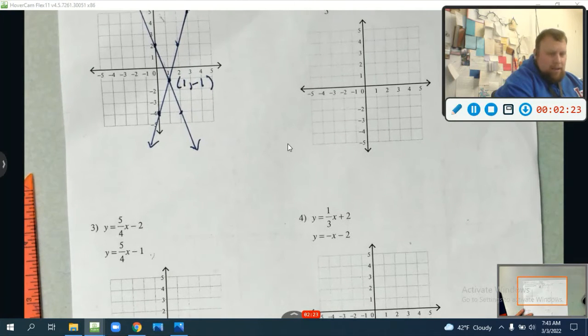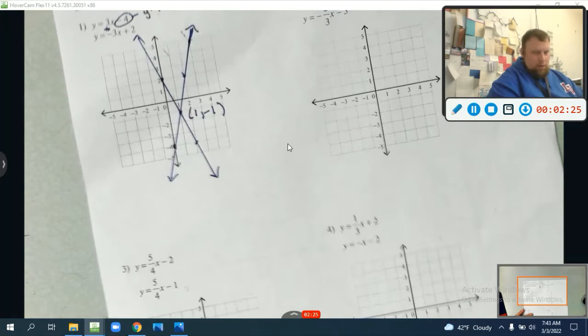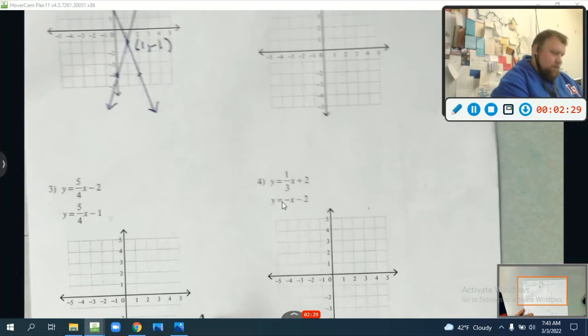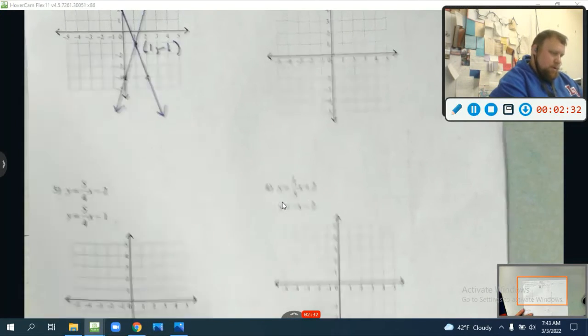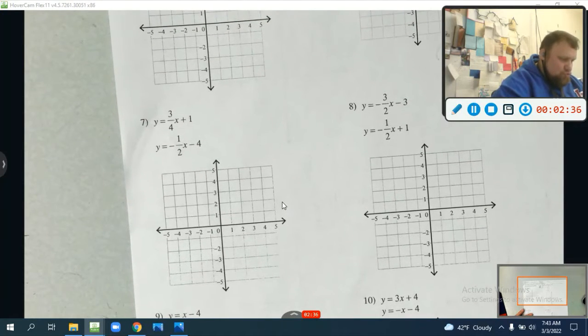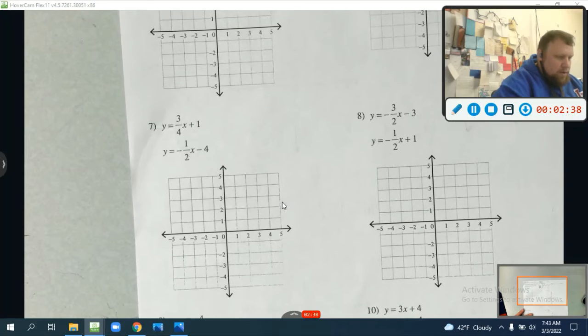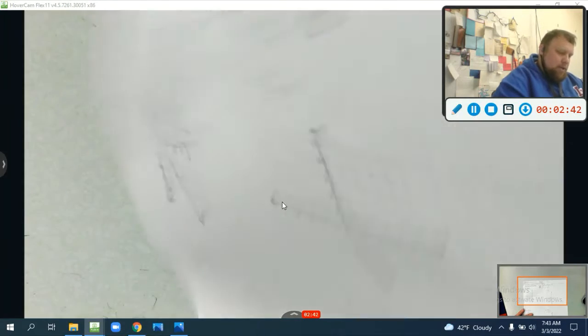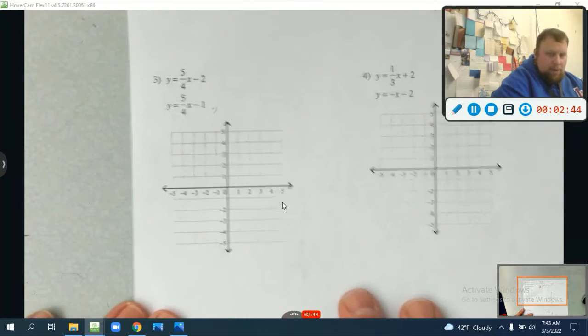Now, I'd like to do one that's got a little more to it. I think I actually want to do this one right here because it's a little bit more tough.